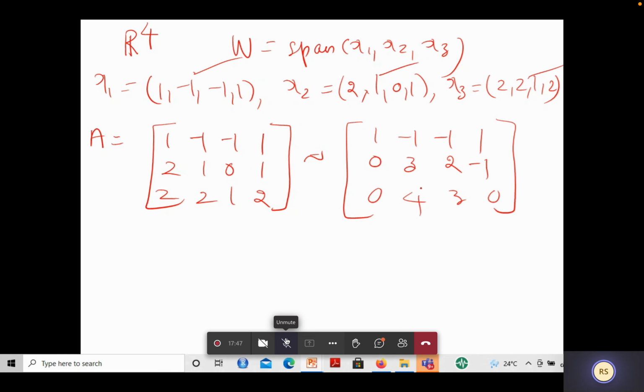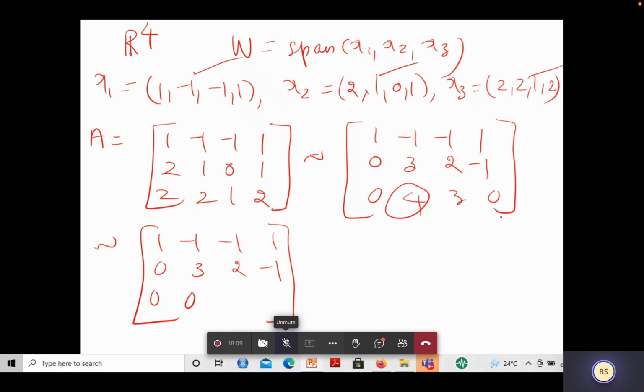Now I need to make this entry 0. So R3 goes to R3 minus 4 by 3 R2. So here both zeros. Here 3 minus 2 into 4 by 3, that is 3 minus 8 by 3. 9 minus 8 by 3 is 1 by 3.